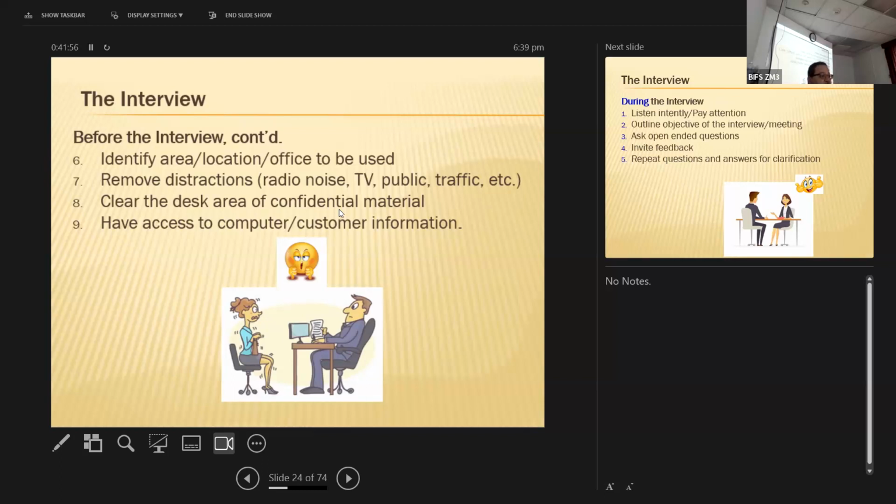So if the front office person is responsible, or whoever's responsible for booking the office, you want to make sure that you book that office or one of the offices, so it's available when your client comes in. Okay. You want to remove distractions.